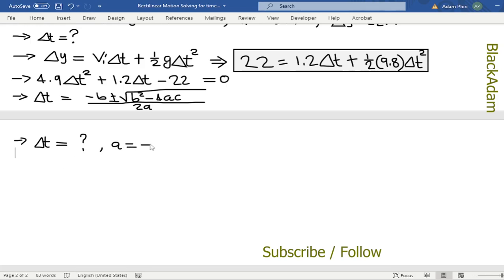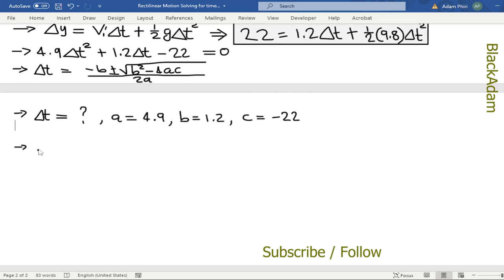So A is going to be 4.9, B is 1.2, and C is negative 22.